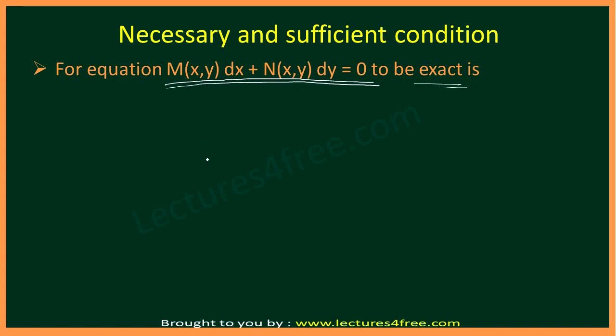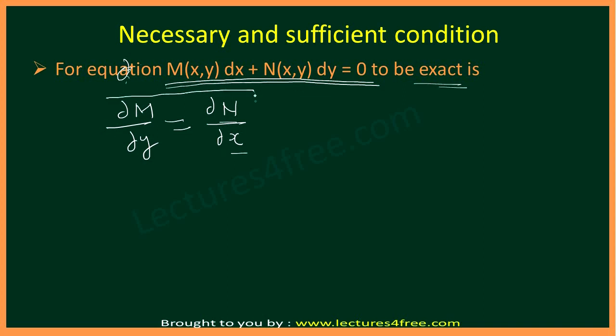The necessary and sufficient condition will be del M upon del y equal to del N upon del x, where del M upon del y means partial differentiation of M with respect to y, and del N upon del x means partial differentiation of N with respect to x. I am expecting that you already know partial differentiation.